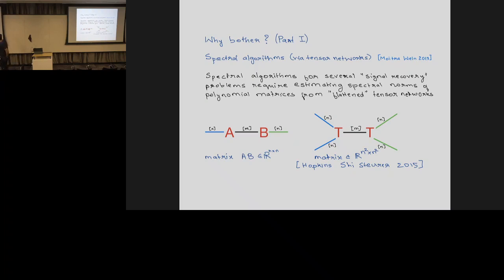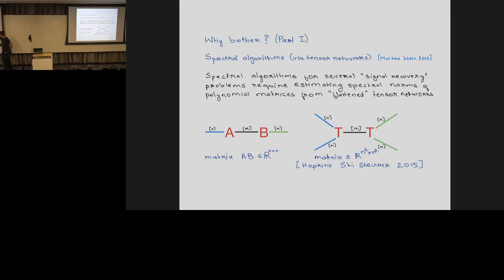Okay, and here there are 2 blue edges, each corresponding to an index set of size n. So in the spectral algorithms, I'm usually interested in the eigenvalue or singular value of some matrix, and what you get is basically you flatten out this tensor, or you put both of these together as indexing the rows, both of these together as indexing the columns, and you think of an n square by n square matrix.